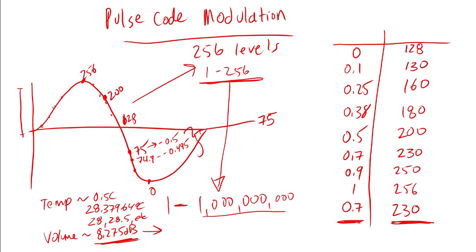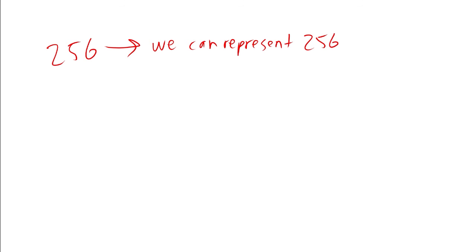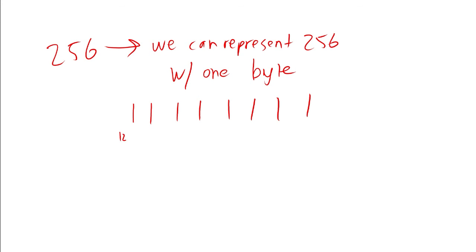And the reason 256 is such a special number in computing is because we can represent it with one byte. Because recall, a byte is 8 bits.